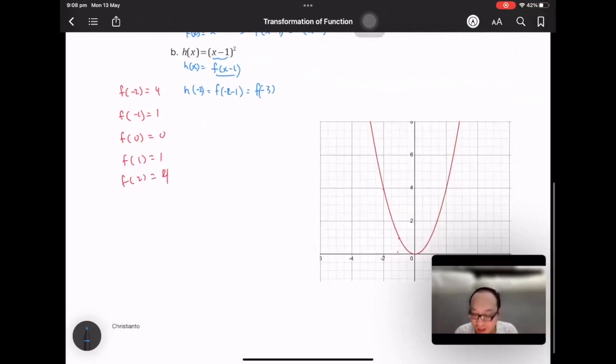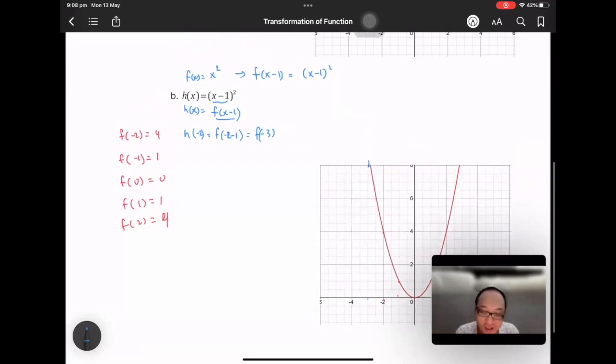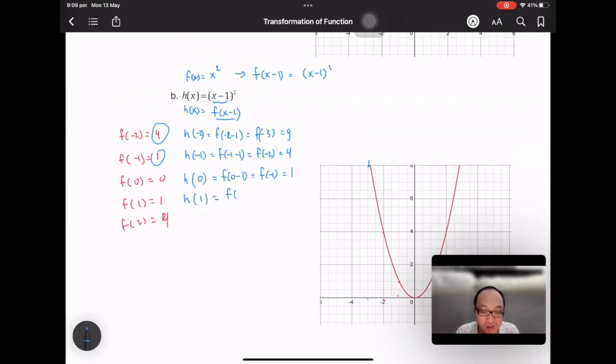If we see here, f(-3) equals 9. h(-1) is f(-1 - 1), so it's f(-2), which equals 4. h(0) is f(0 - 1) equals f(-1) equals 1. h(1) equals f(1 - 1) equals f(0), which equals 0.